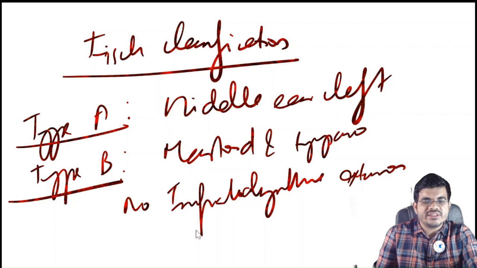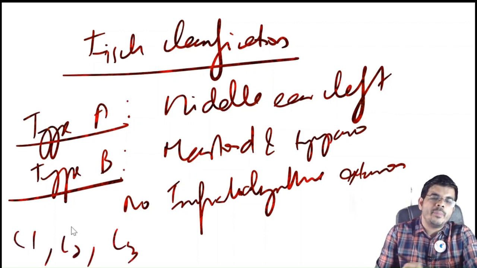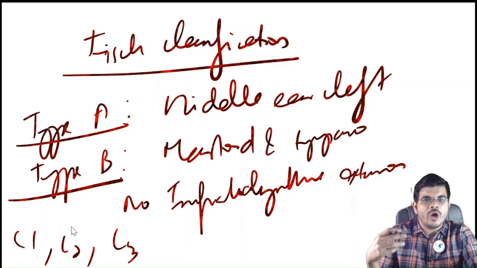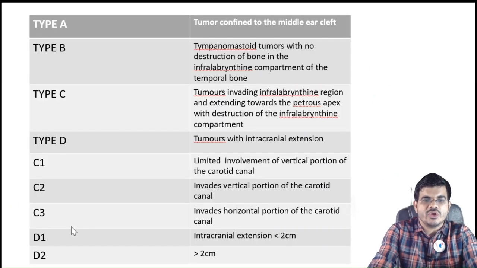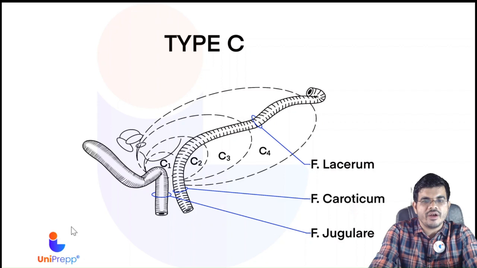The type C can be divided into C1, C2 and C3 depending upon the involvement of the carotid artery. The vertical part of the carotid artery will be involved first. If it is limited involvement, it is C1. If it is extensive involvement, it is C2, and when the horizontal part of the carotid is involved, that is C3. So that is how it is getting divided: C1, C2 and finally C3.